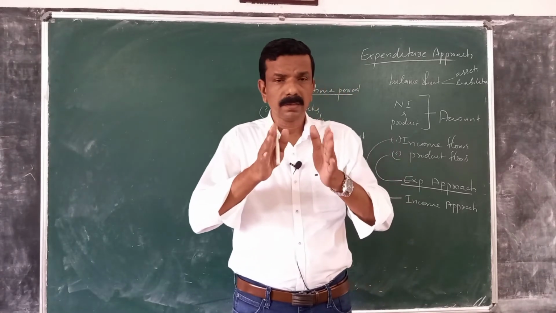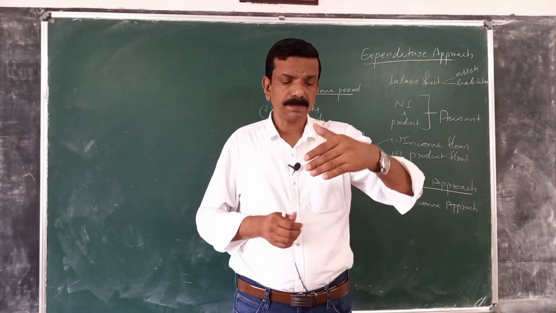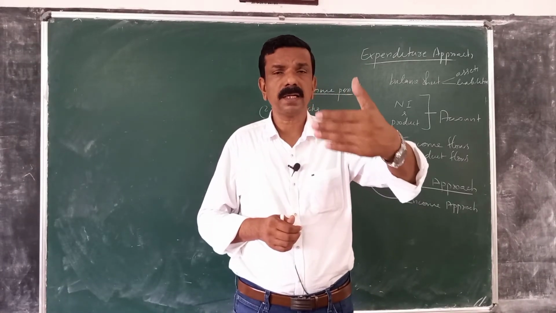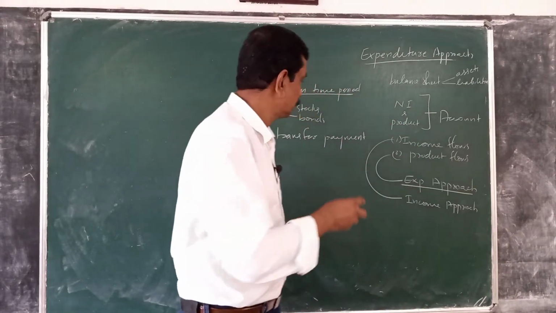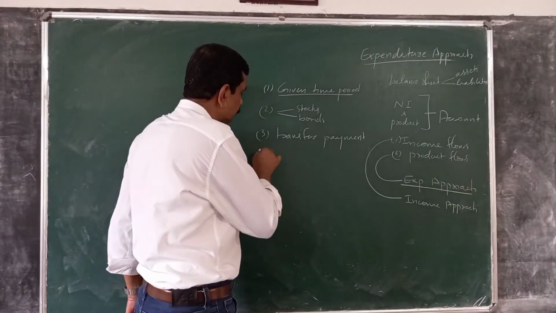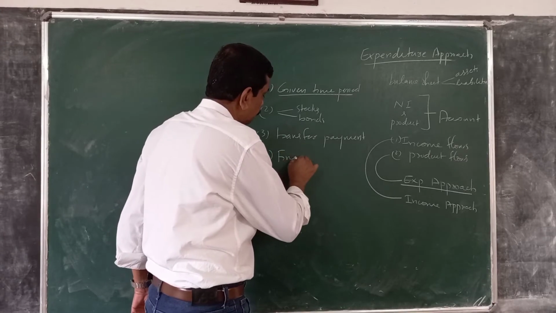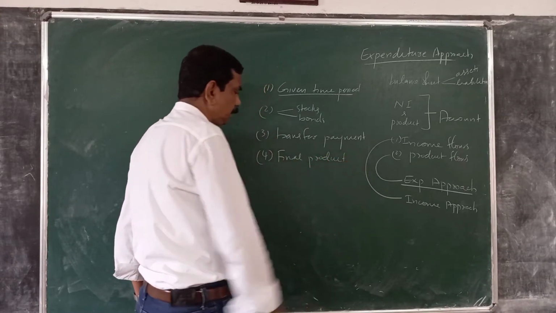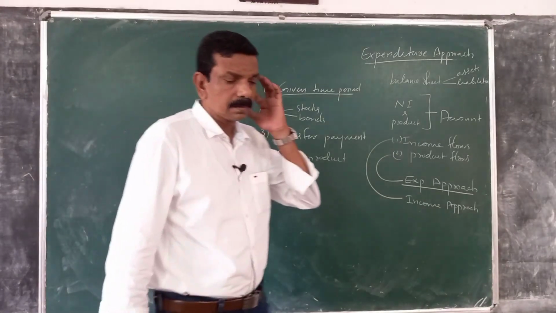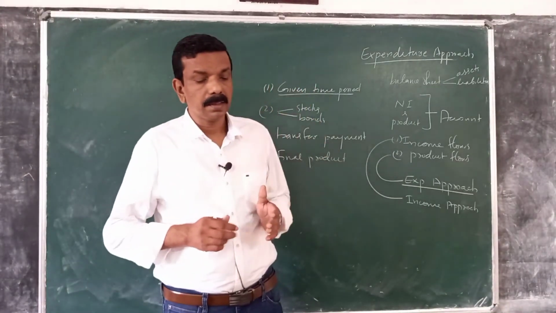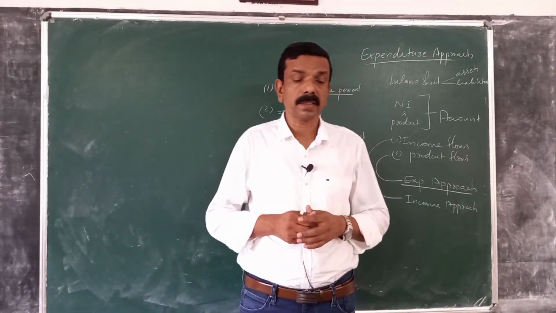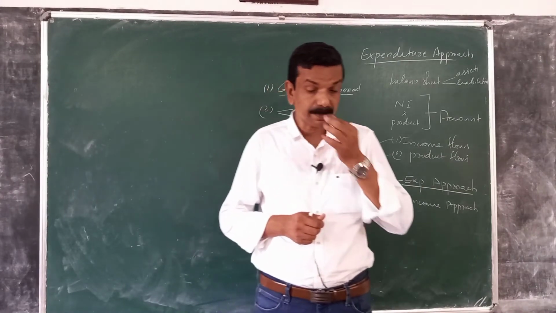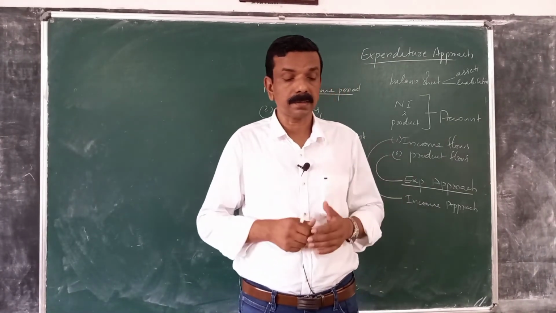So we include only expenditure which is regarded as expenditure on final product. That means expenditure on intermediaries is not considered. We consider only expenditure on final product.